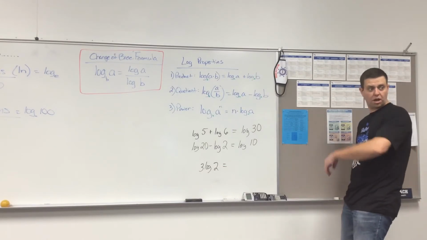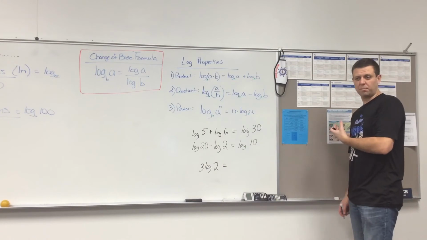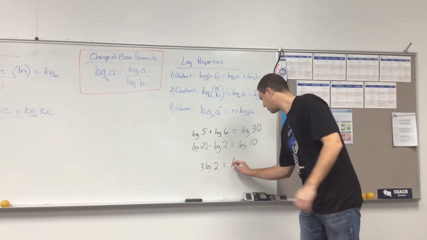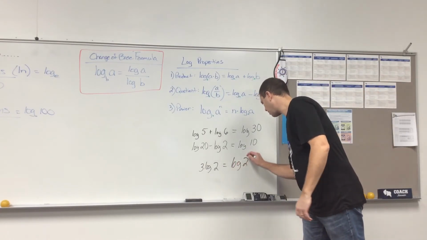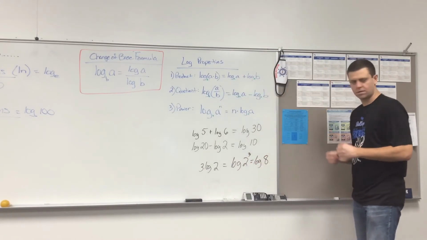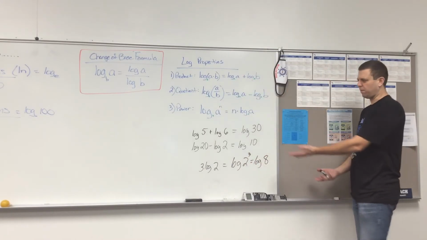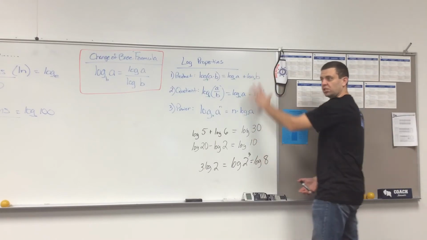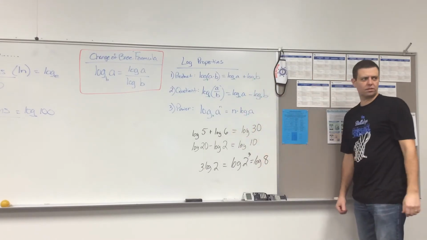Log of 2 to the third, which is actually what number? 8. Log 8. I'll write out all my steps. So there's some examples of me using these log properties with actual numbers there.